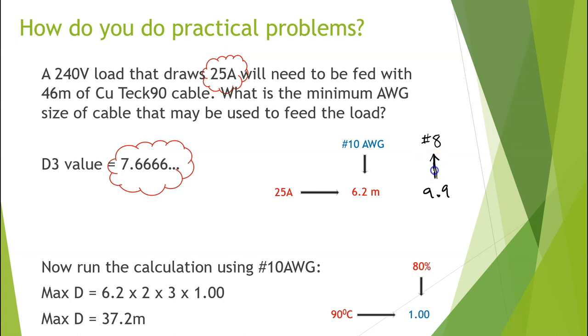So our choices when we're doing this part of the process are either to select 9.9 immediately or to select 6.2. And because we know that we've neglected the DCF up to this point, the DCF in this process may give us sufficient increase of the 6.2 number to actually get the maximum distance that we need.